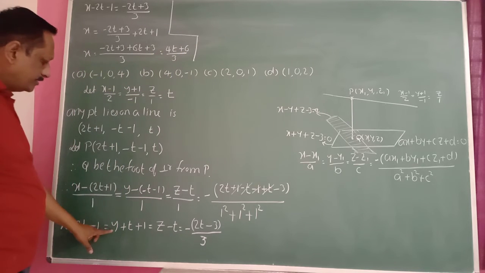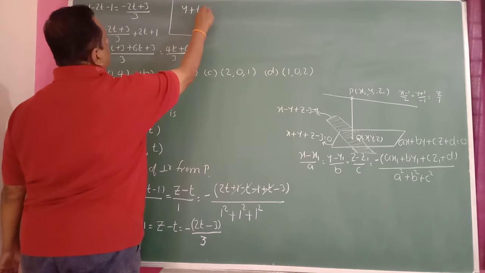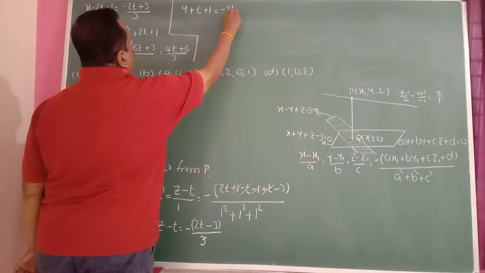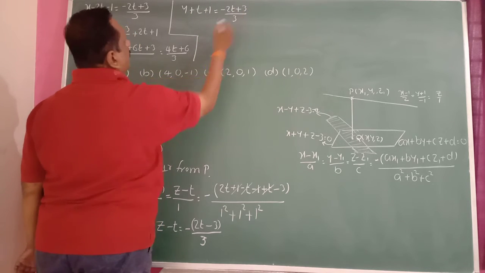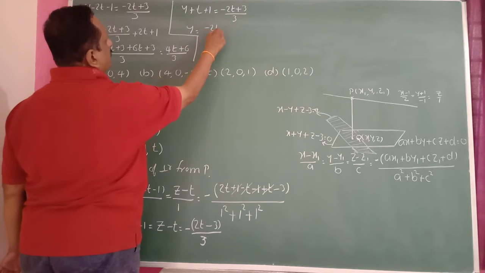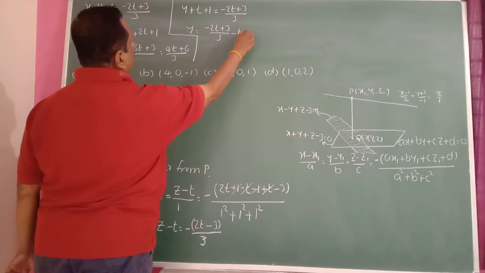Next, y plus t plus 1 is equal to minus of 2t plus 3 divided by 3. Take t plus 1 to the right hand side: y is equal to minus 2t plus 3 divided by 3 minus of t minus 1.